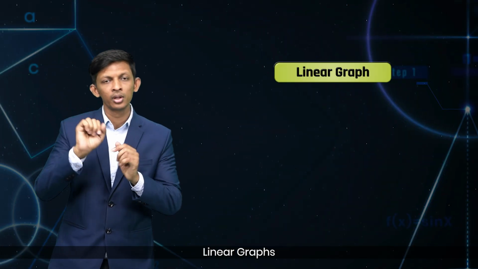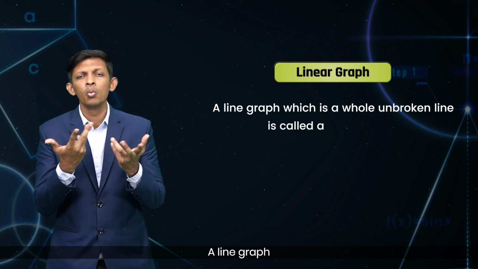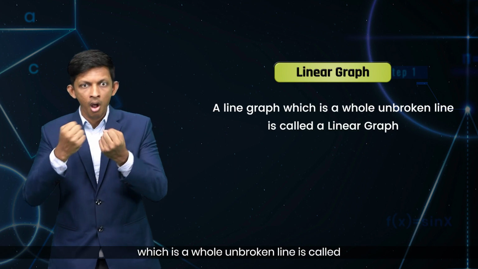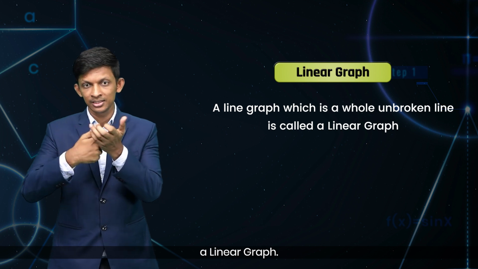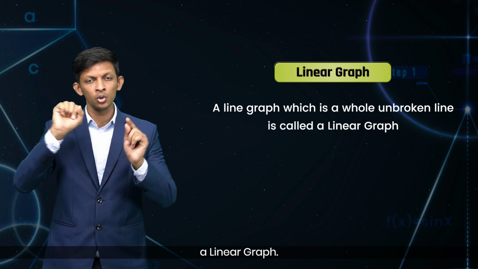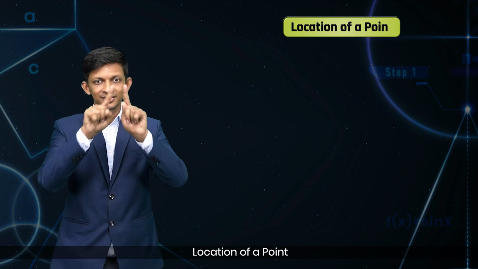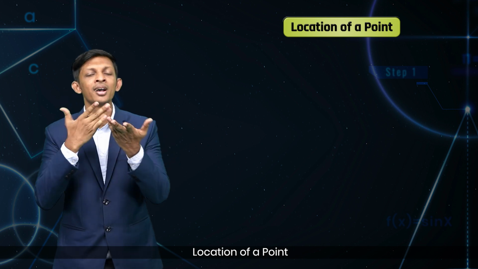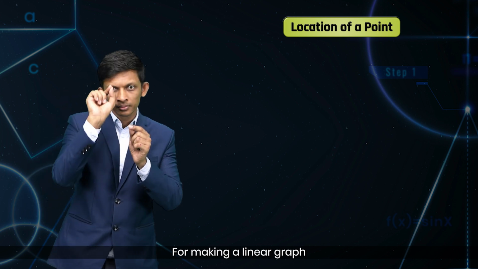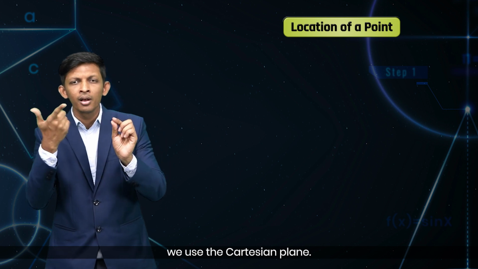Linear graph. A line graph, which is a whole unbroken line, is called a linear graph. Location of a point. For making a linear graph, we use the Cartesian plane.